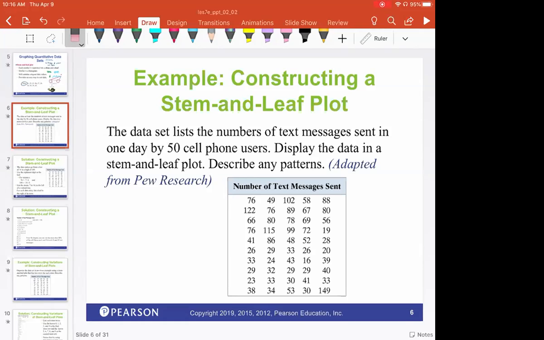All right, so we have a lot of numbers to keep track of, right? So it's good to do a rough draft stem and leaf. So let's make our rough draft for our practice stem and leaf. It's worked out for us in a couple of slides, but let's start thinking about it.